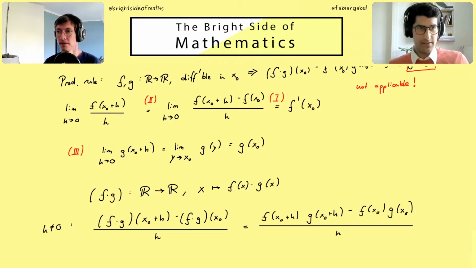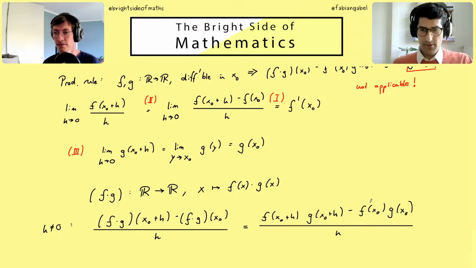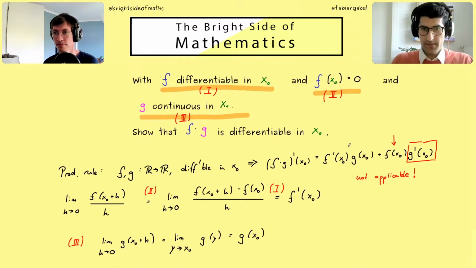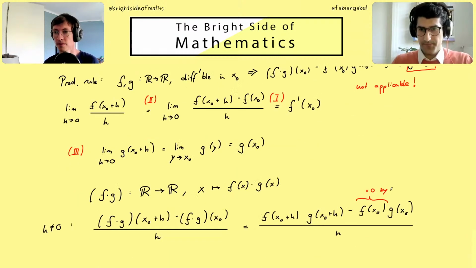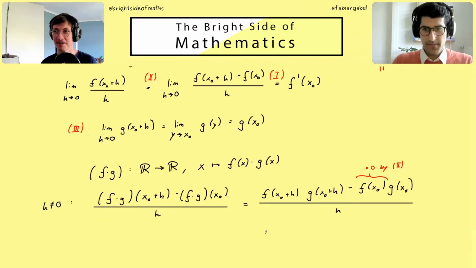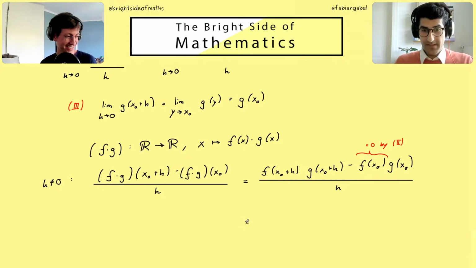But now we can start using some of the information that we already know. Namely f of x0 is 0 again. This was information 2. So we can use this again. Much simpler again. I like that. This 0 makes everything compact. But we see that it's vital for the proof to go through.